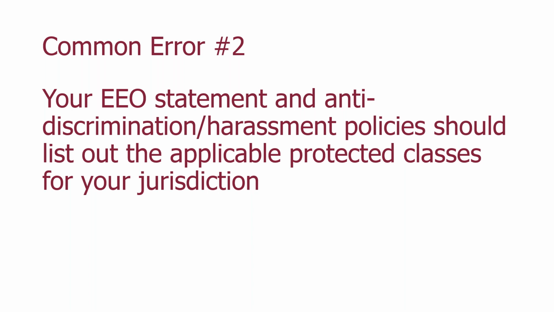For example, Florida has a protected class of sickle cell trait. So individuals who have sickle cell trait are a protected class in the state of Florida. New Jersey has similar to sickle cell trait, but New Jersey calls it atypical hereditary cellular or blood trait. That's a protected class in New Jersey.